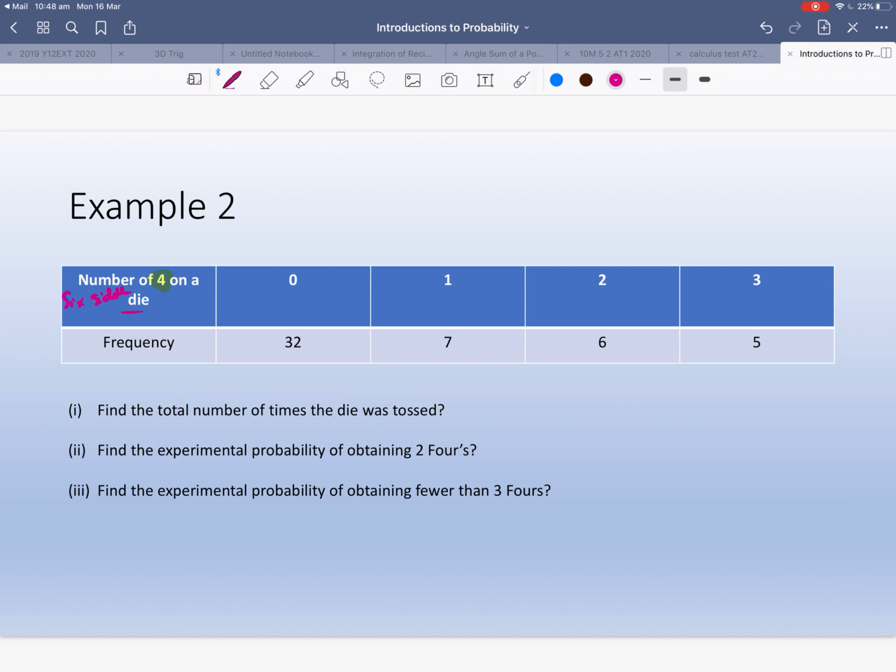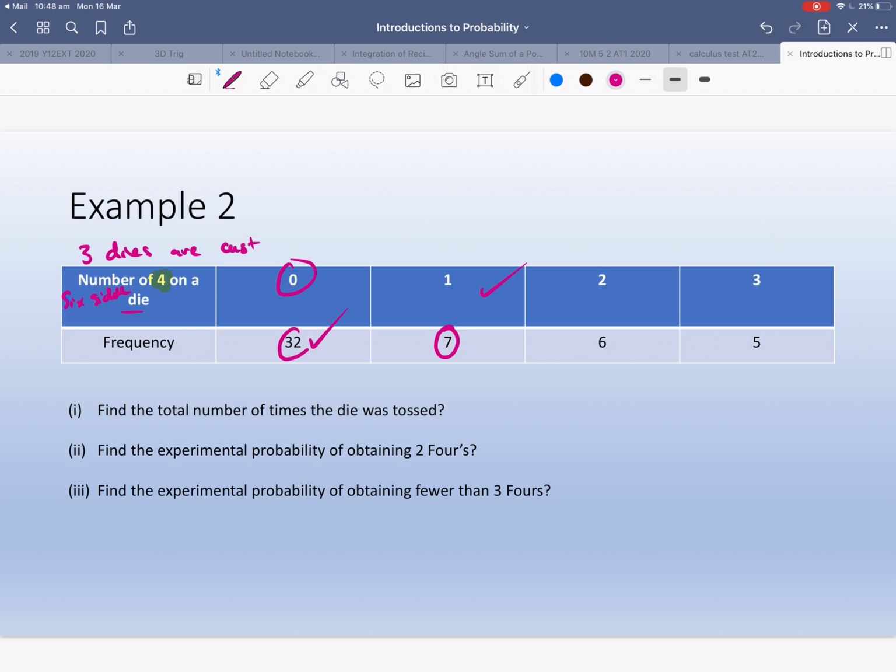We rolled them many times. 32 times we got no 4s. 7 times we got one 4. 6 times we got two 4s, and 5 times three 4s. So we're rolling 3 dice, because you can only get up to three 4s, so 3 dice are cast. The number of 4s comes out. Find the total number of times the dice were tossed.